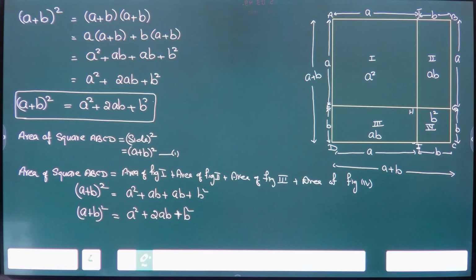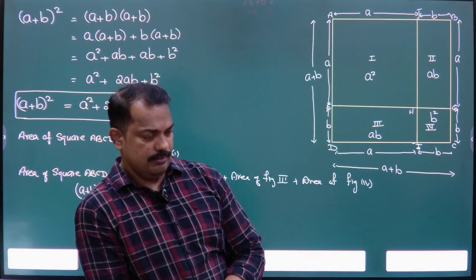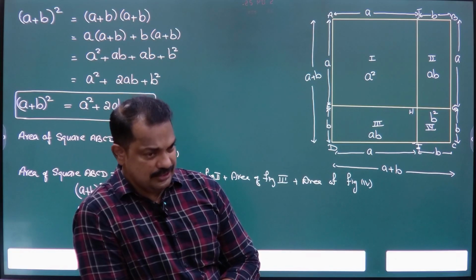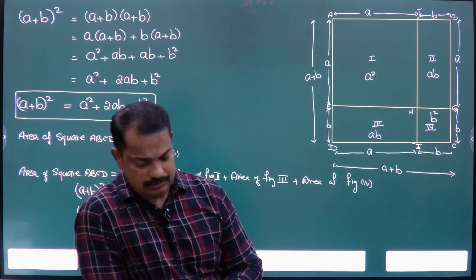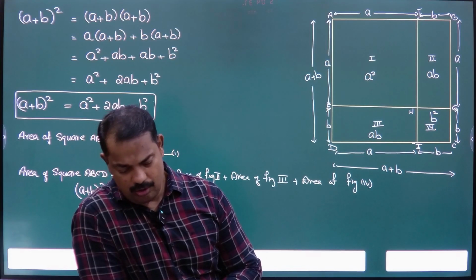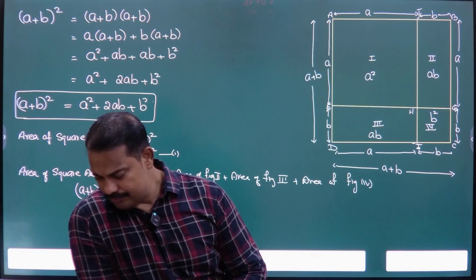Identity is an equation that is true for all values of the variables occurring in it, while an equation is not true for all values.